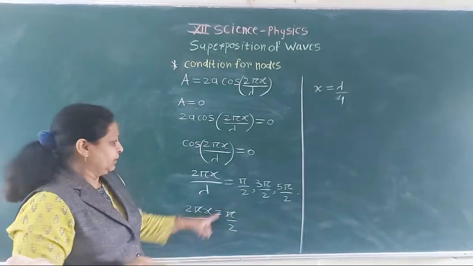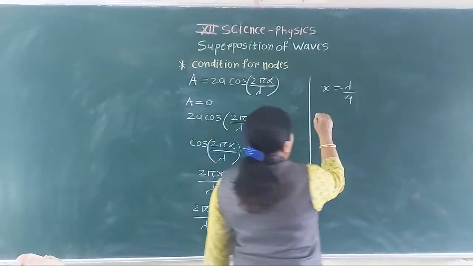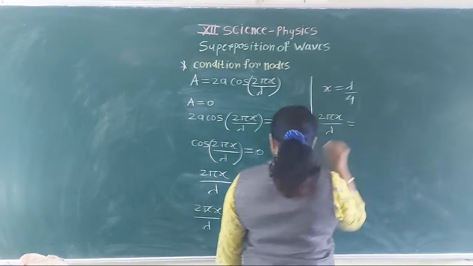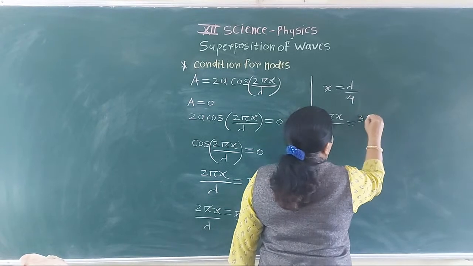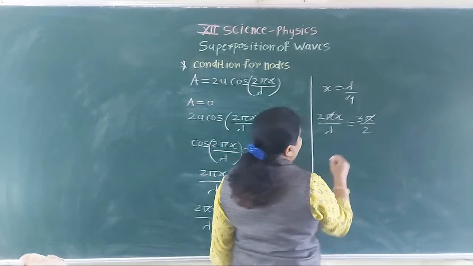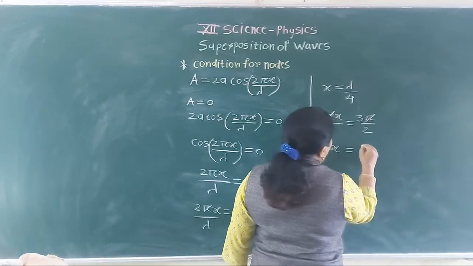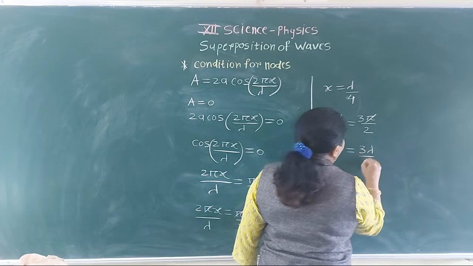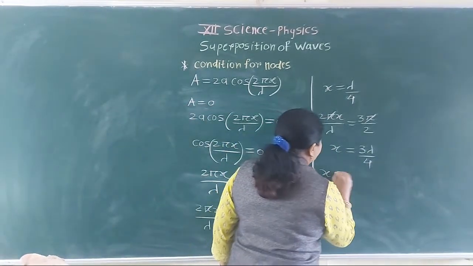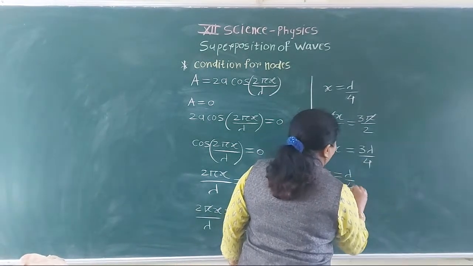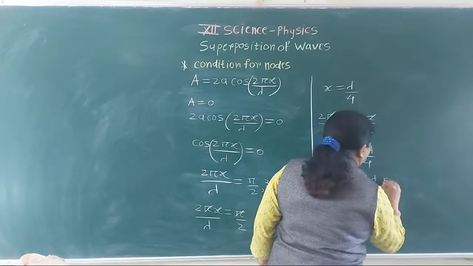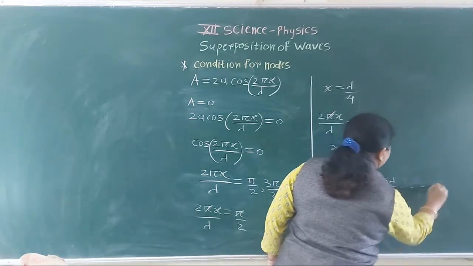Now again we consider the second value: 2 pi x upon lambda is equal to 3 pi by 2. Then pi gets cancelled, and x is equal to 3 lambda by 4. So we get the values of x: first lambda by 4, then 3 lambda by 4, then 5 lambda by 4, like this.